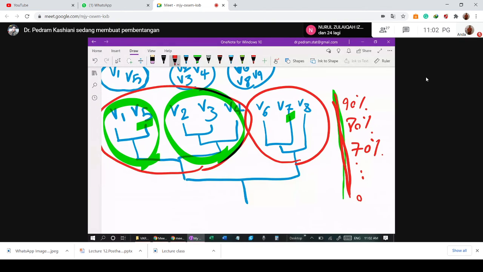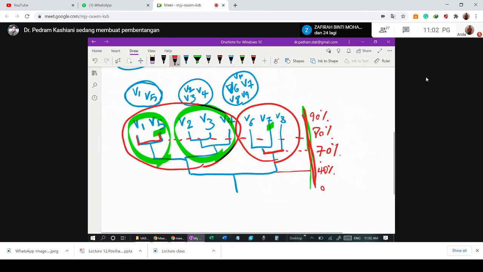So you can see that if I come here, these two are 80% similar. These two are 70% similar. This group and this group are, for example, 40% similar. This is what we call cluster analysis.